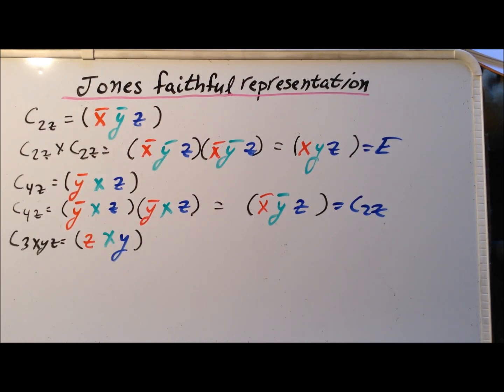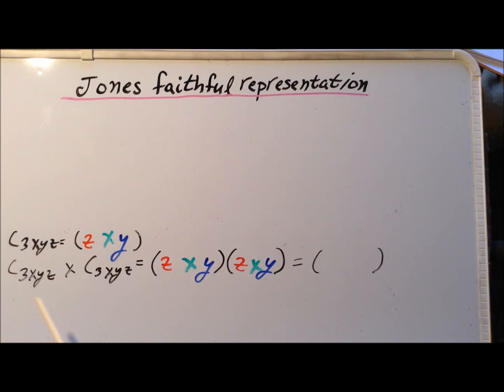Now for a more challenging and interesting result, let's look at the C3 rotation around the x, y, z axis. And we saw that the Jones faithful representation is z x y. So now we want to see what happens if we do two consecutive C3s around this line.